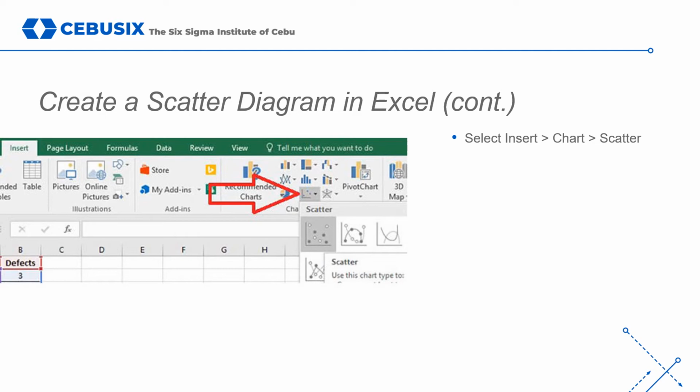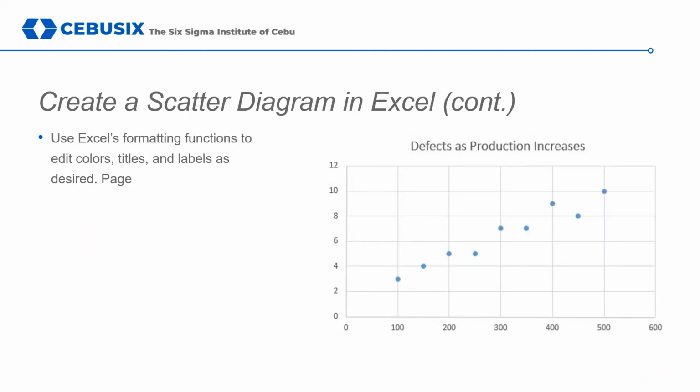Go ahead and click on it. The scatter chart will be automatically created for you using the default design of the template you are using. As always though, you can change the chart using the format options, where you will be able to change the title, adjust labels, and of course, change the color in any way you want to.